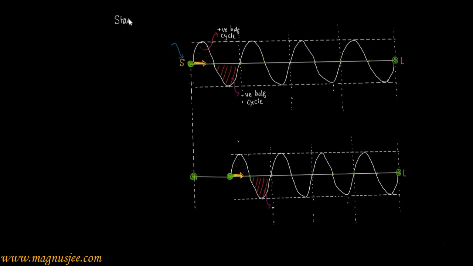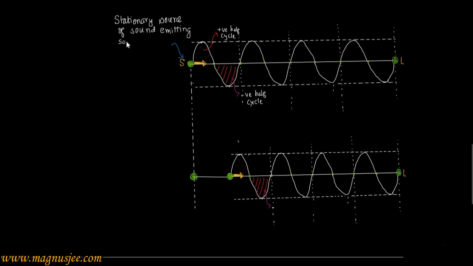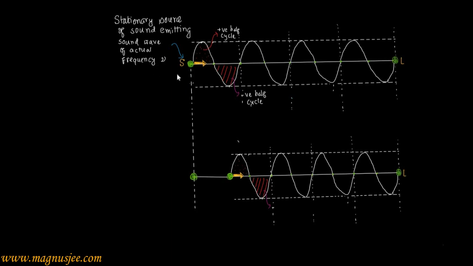S is the stationary source of sound which emits a sound wave of true frequency nu and wavelength lambda. In this case, the sound wave propagates with the velocity v in the medium towards the listener.